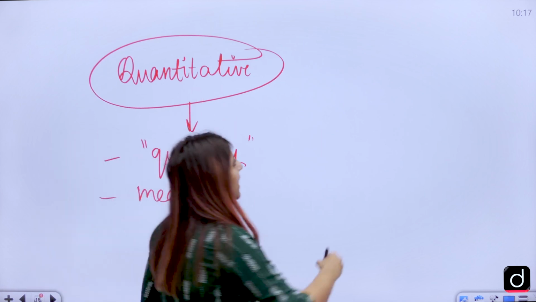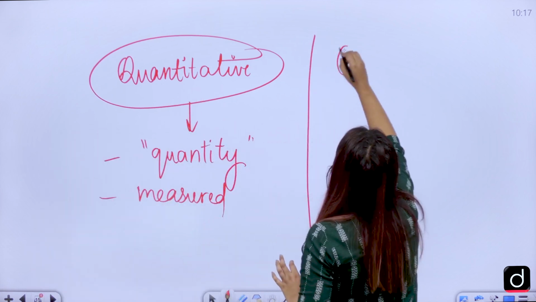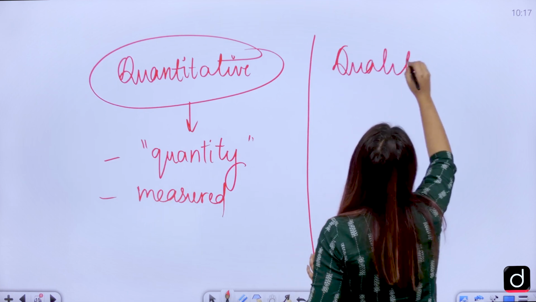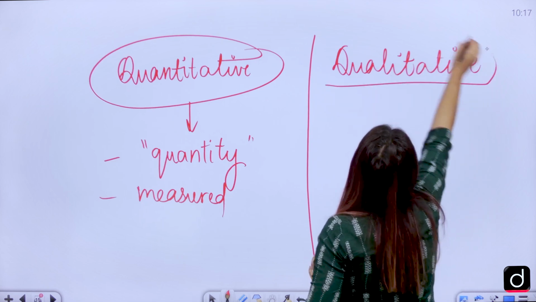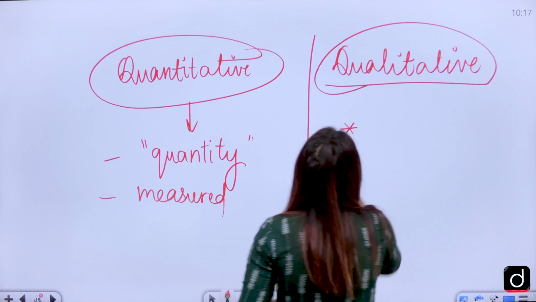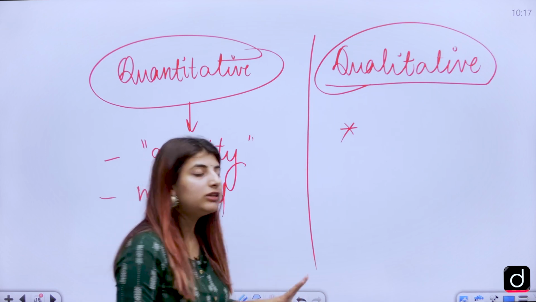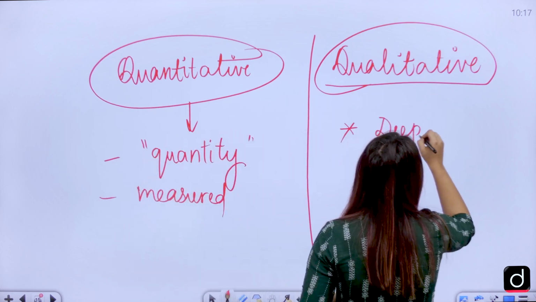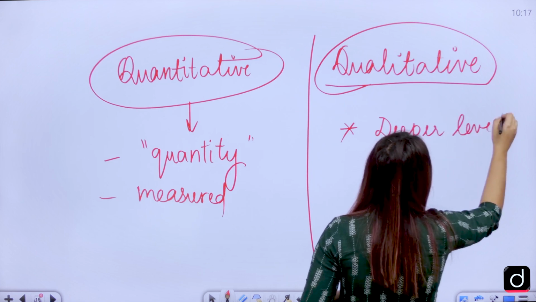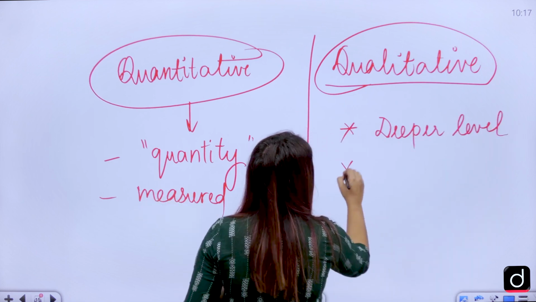But if on the other hand, we talk about qualitative research, or the qualitative method, it will talk about something on a deeper level, right? And there is no measurement.